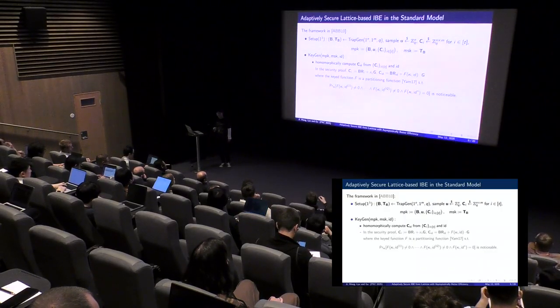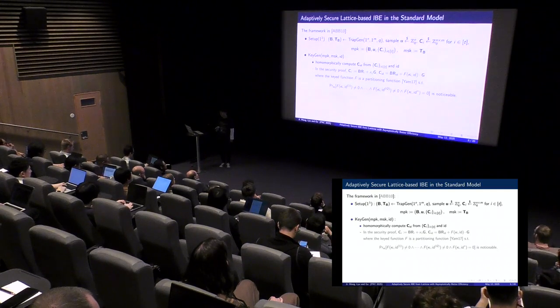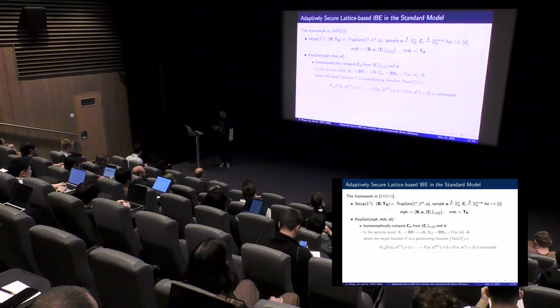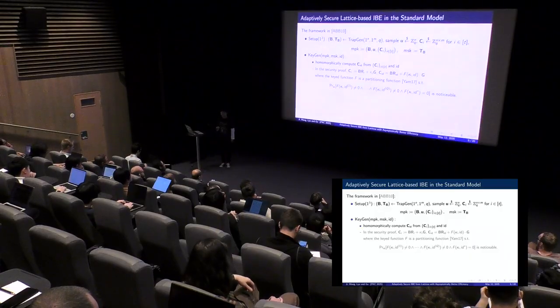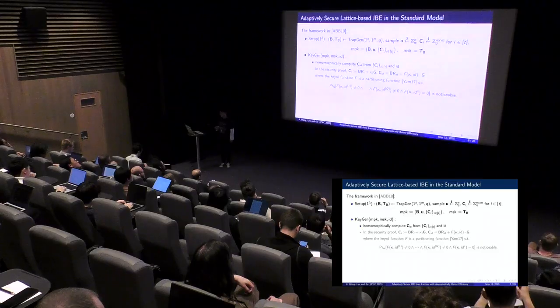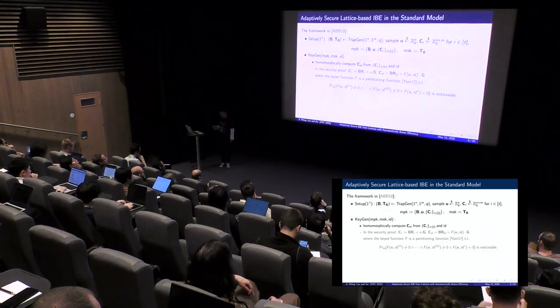And in the security proof, the C_i would be replaced by an encoding of some kappa_i. And after homomorphic computation, the C_ID is an encoding of some function F_ID. The keyed function F is a partitioning function, which partitions the identity space. More precisely, it has a high probability that F_ID1 to F_IDQ are not 0, but F_ID* is 0, where ID* is the challenge identity.